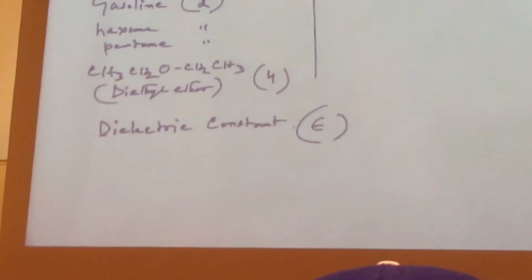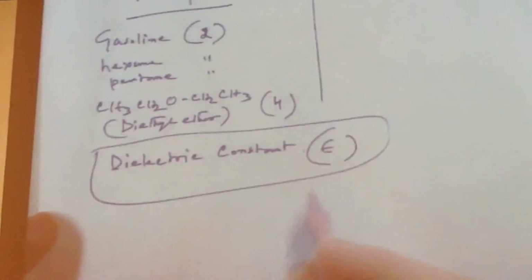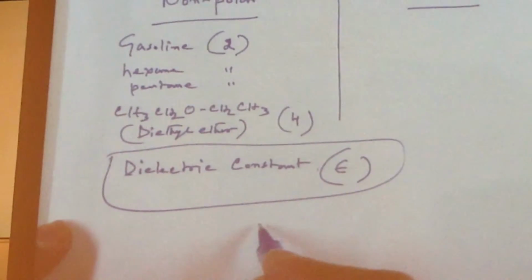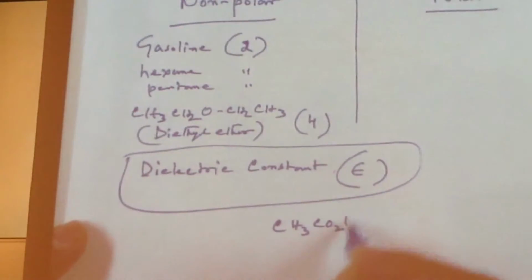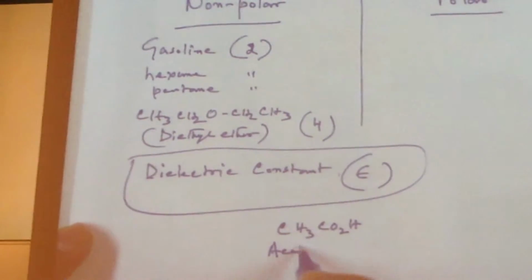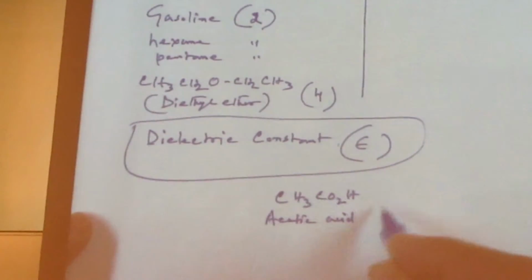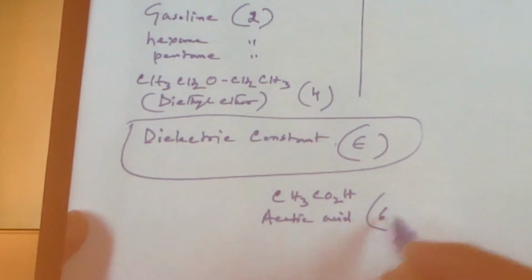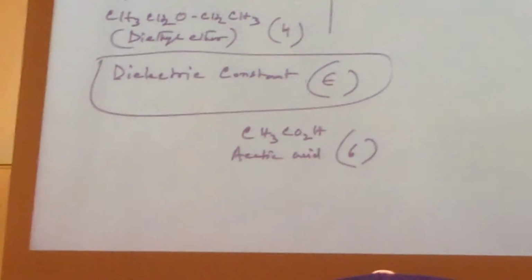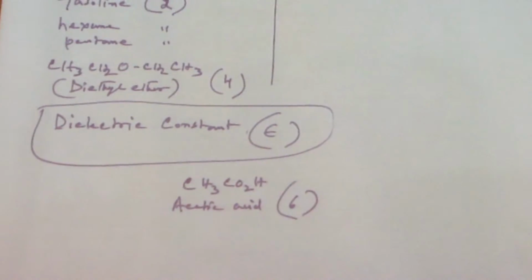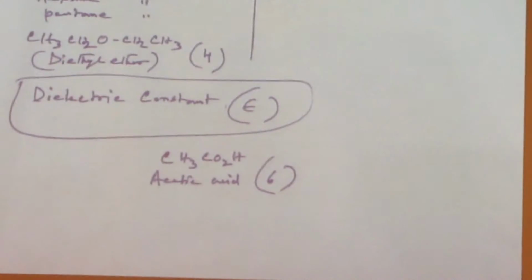And essentially, we can also see others, such as acetic acid, which has a value of about 6. These are all non-polar solvents. In fact, the cutoff line that is considered is about 15. Anything below 15 is considered non-polar.